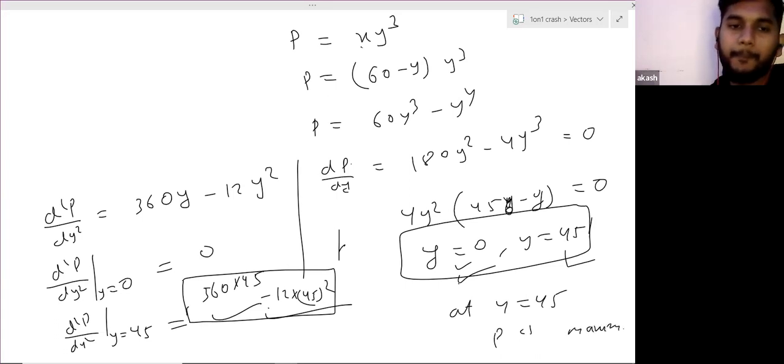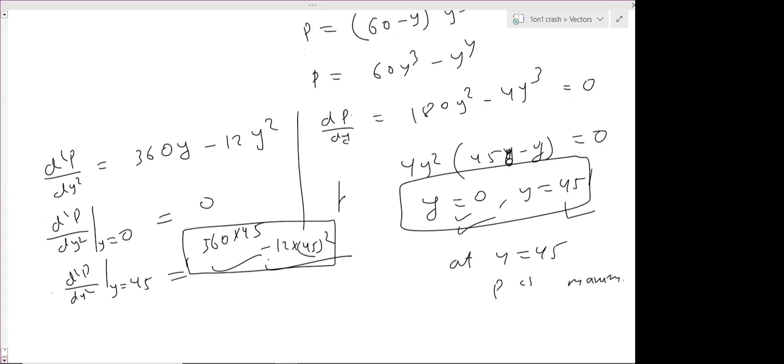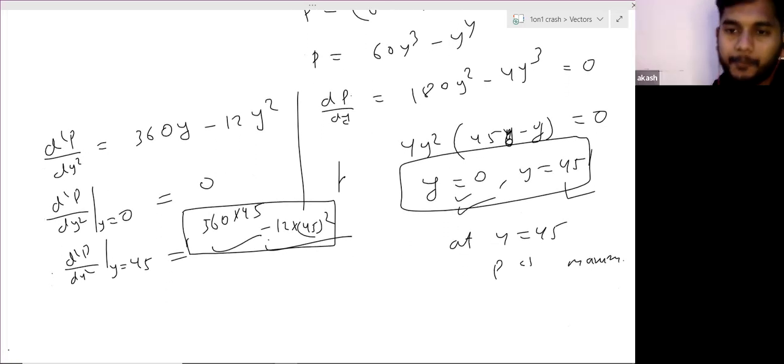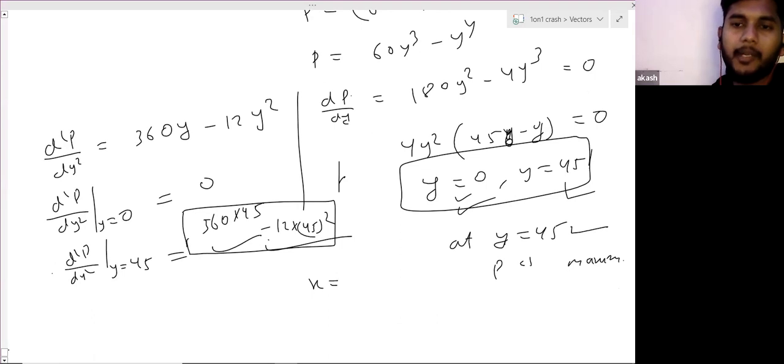All right. So then we can find the value of x. I hope this thing is clear. Okay. So you don't have to find the y value. This is the value of y, right? Not clear?